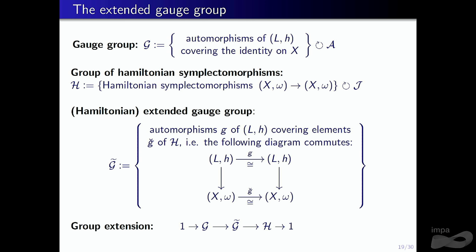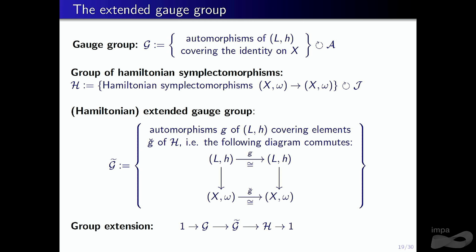And in this case, we want to merge them, so we need something that's actually a group consisting of automorphisms of the Hermitian line bundle, but covering elements of H. Okay?